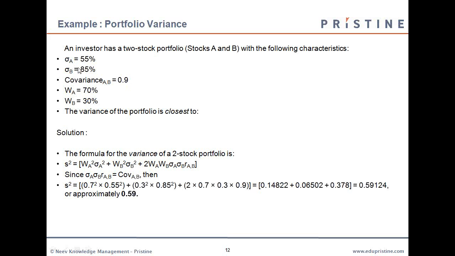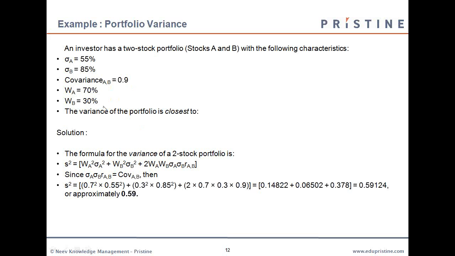We have been given the standard deviation of asset A, that is 55%, and for asset B, it is 85%. The only twist in this question is we have not been given the correlation. Instead, we have been provided with the covariance of asset A and asset B.